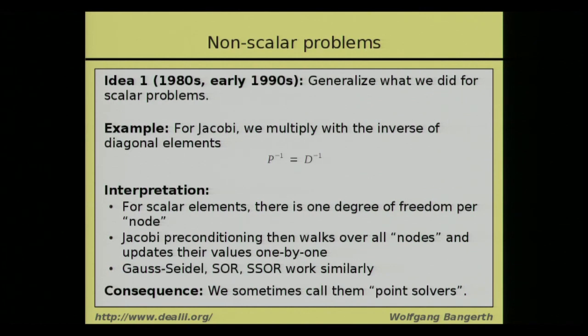Whereas Gauss-Seidel, SOR, and SSOR compute the residual based on the neighbors, taking either the old value from xk minus 1, if it has not been updated, or they take the new value from xk plus 1 if one of the neighboring nodes has already been updated in this iteration. But ultimately, they all work the same. We can all consider them as point solvers. They walk through all of the nodes of our mesh, and they update them one at a time.